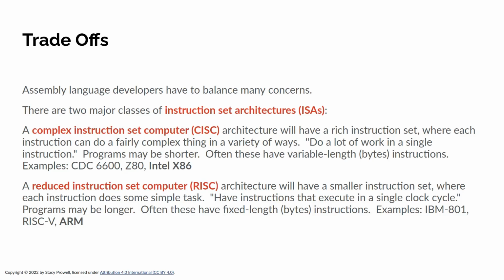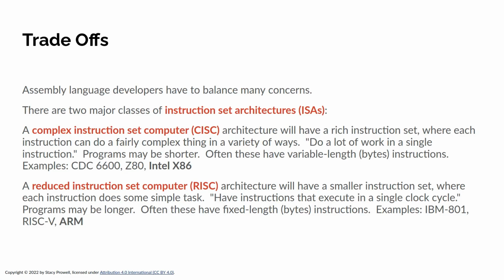They're doing lots of work. They tend to vary in terms of length. So there's how you know that x86 is one. It has single byte instructions all the way up to 15-byte instructions. And there are lots of examples. The Z80 and the x86 are both very popular processors that are CISC processors.